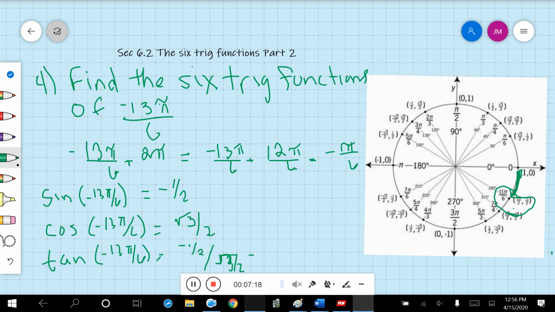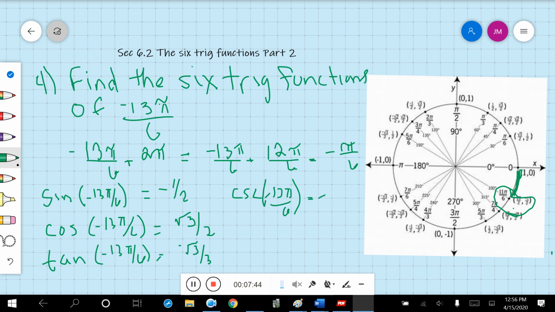And then when you go ahead and pretty that up, you get negative root 3 over 3. So let me just put that answer here. Negative root 3 over 3.